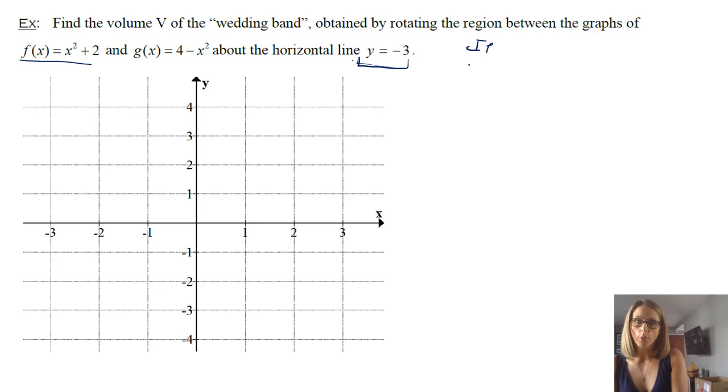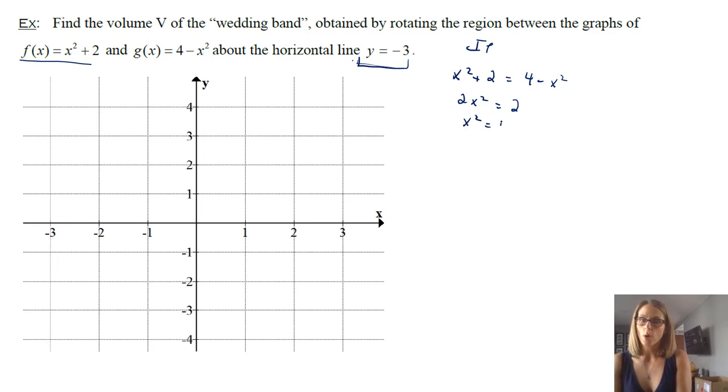So intersection points, I'll have x squared plus 2 and 4 minus x squared. We get 2x squared equals 2, and we get x squared equals 1, and x equals plus or minus 1. So those are the x values. We can see if we plug them in, we're going to get 3.